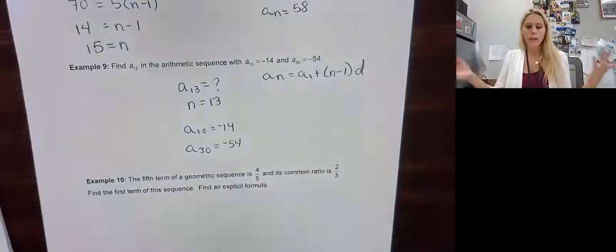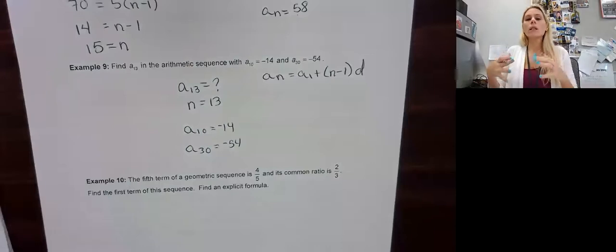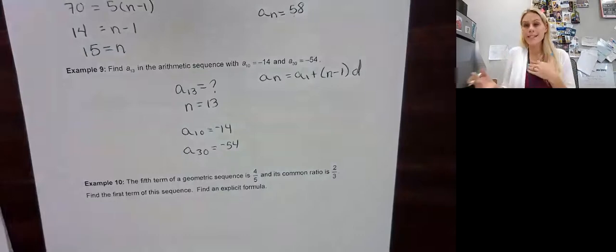All right, what can we do with this? Well, what we're going to do is plug both of these in, and then we have a system that we can solve.